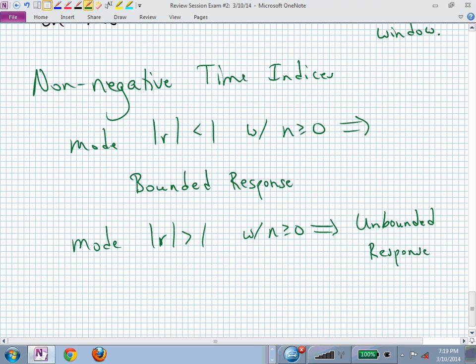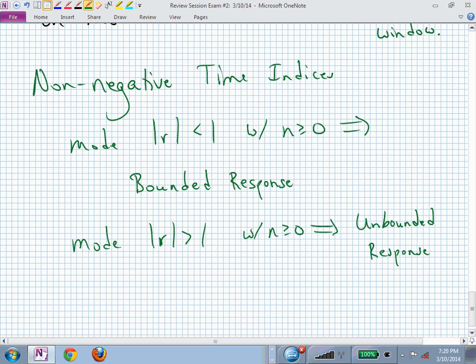So now the one on top is, I like to think of it as less than 1, because what can happen is if you have poles right on the unit circle and you excite them at that natural frequency, you're going to now get a time multiplication on that sinusoidal response, and it will go unbounded.